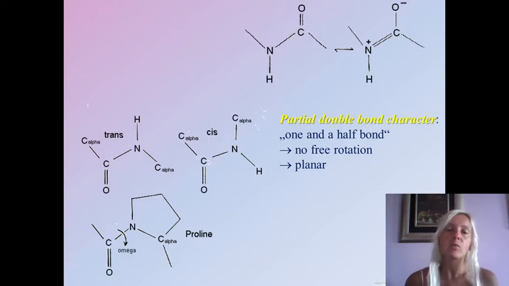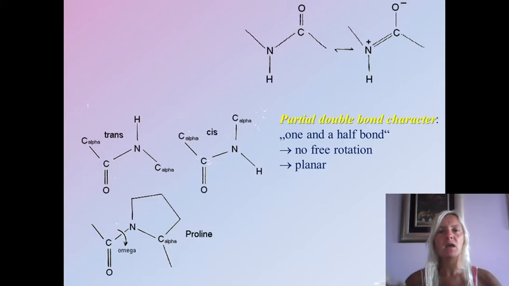The question now is, which of these two forms is energetically more favorable? Usually we have a discussion in a live session, but this time I'm going to answer it myself. It's energetically more favorable if you have those huge groups on opposite sides, because if they're on the same side, they're probably going to collide and bother each other, and you're going to have a lot of repulsive energy between them, which destabilizes the system.